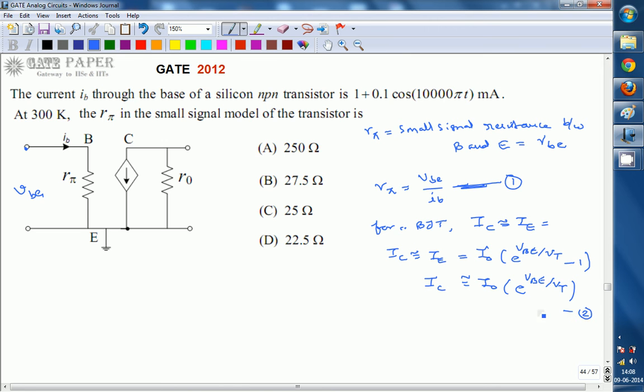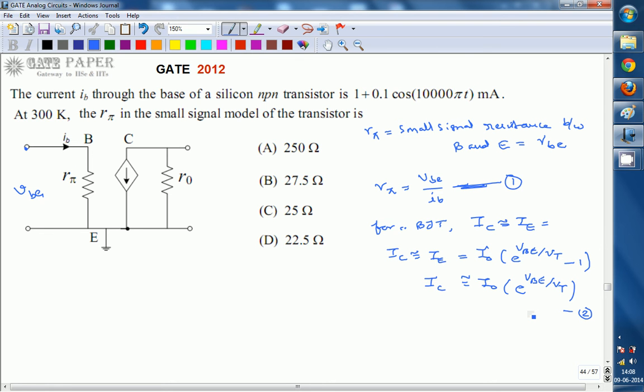Make this equation 2. For a BJT, after keeping the transistor in biasing conditions, that is, in the active region, you can apply a small signal such that it can be amplified, because a BJT acts as an amplifier only in the active region. For that, first of all you have to keep the transistor in active mode. For that you require some DC power supplies along with some resistances, whereby some DC operating currents and DC operating voltages will prevail in the circuit.